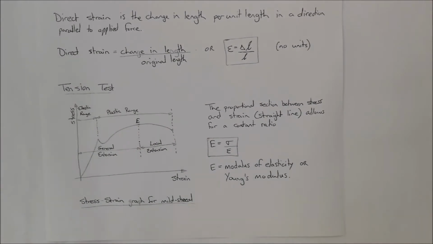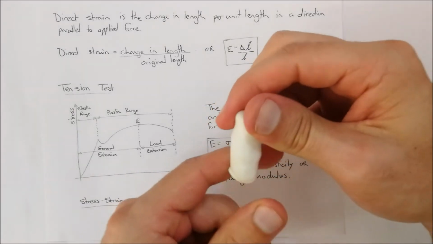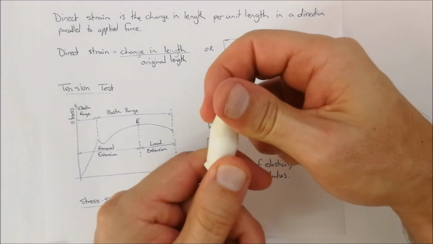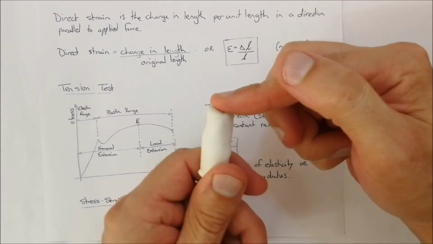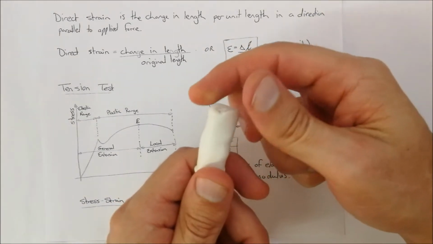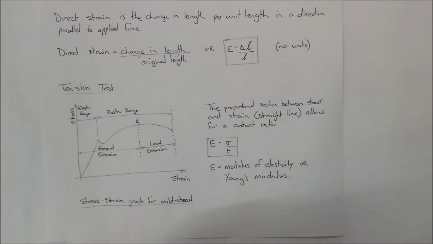In other words, you can pull on it, but it will still come back to the original position. If you pull on this and let it go, it goes back to the original position. It's a bit flexible. So that's your elastic range.